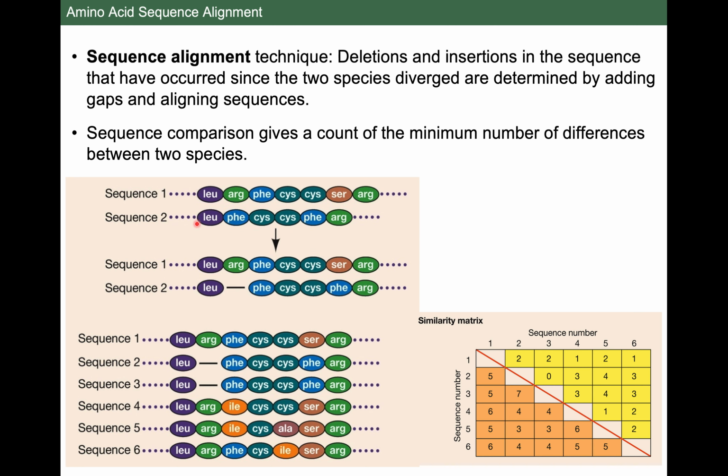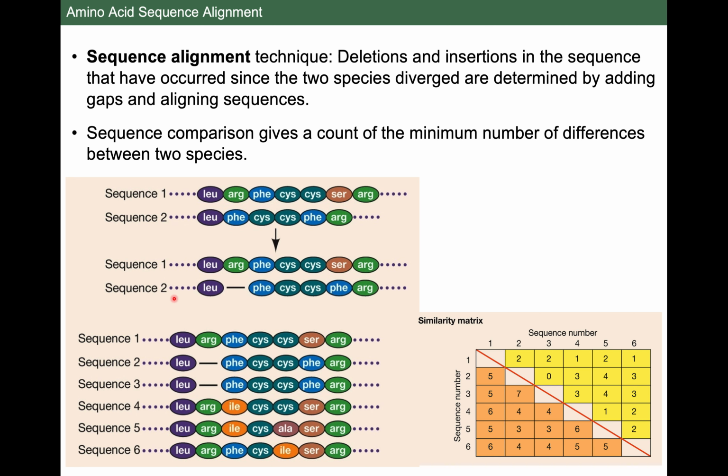And just at first glance, if we just start by aligning them directly, first amino acid, second amino acid, third, and doing the comparison that way, there's not a whole lot of similarity there, right? So the first amino acid is the same, but the second's different, the third's different, the fourth is the same, the fifth is different, and so on. But I wanted to point out one very common technique that's used when doing these alignments, which is to introduce what are called gaps.